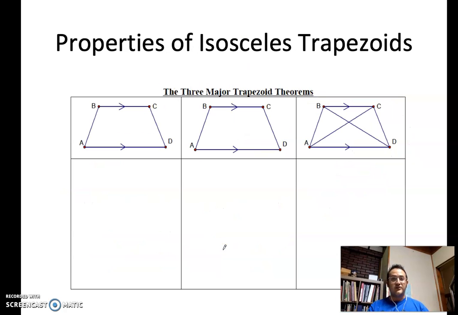Now, we like to focus a lot on the isosceles trapezoids. And what's nice about those is that they are symmetrical. So I always advise my students to use symmetry. So one property is that the base angles are congruent.